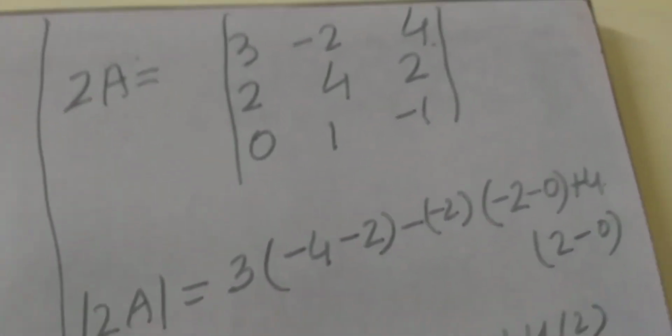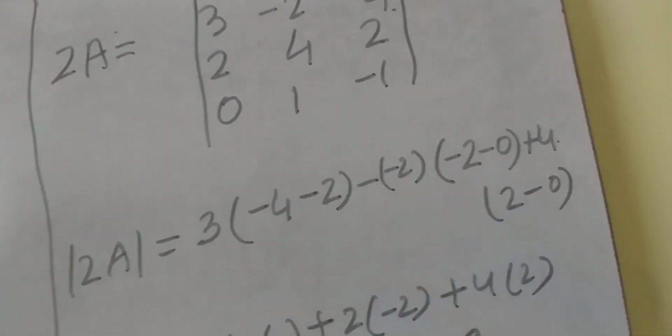Correct? So I am going to multiply the second row by 2. So it will become 2, 4, 2. You can see, students, 2, 4, 2. Multiplied by 2. Correct students?